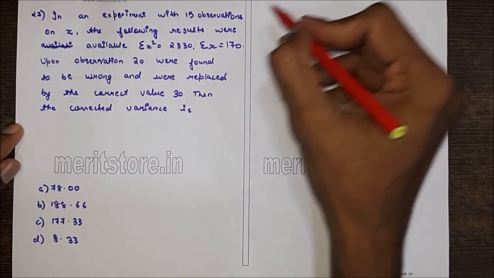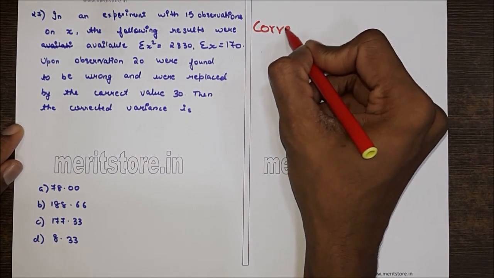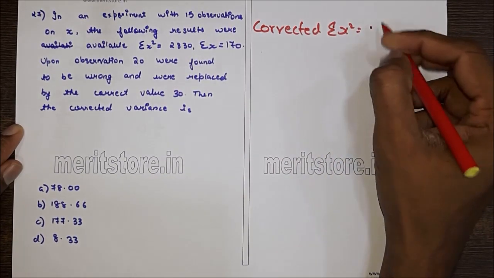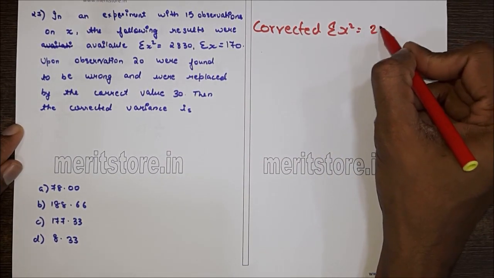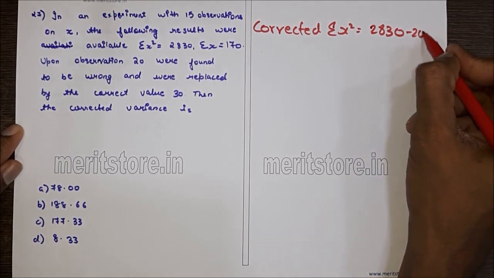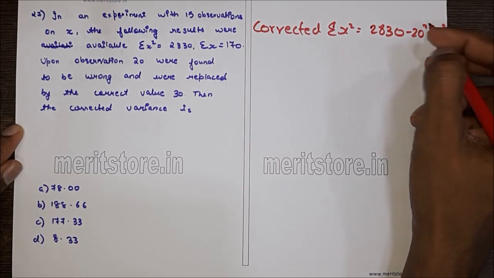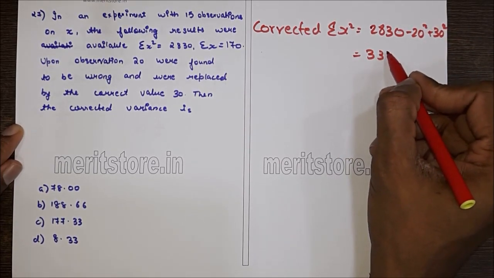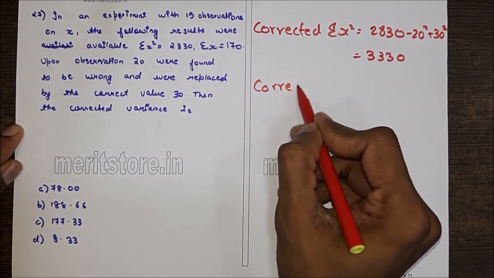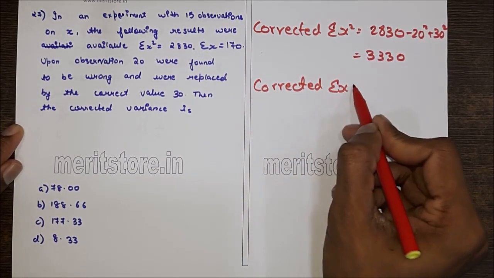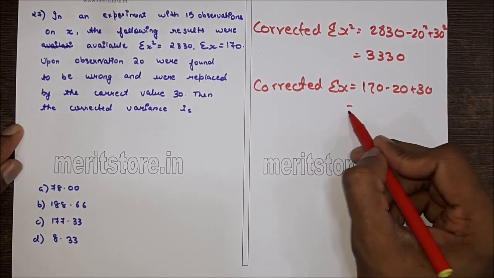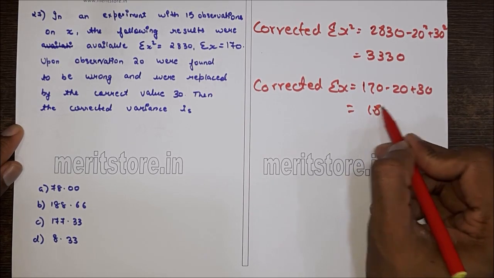So the corrected variance is given as follows. Corrected summation of x square is 2830 minus 20 square plus 30 square, which is equal to 330. Corrected summation of x is 170 minus 20 plus 30, which can be written as 180.